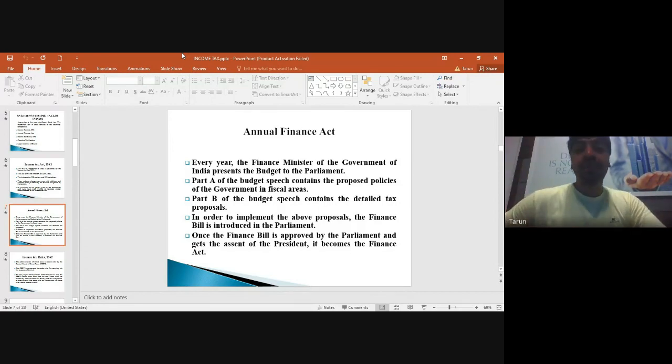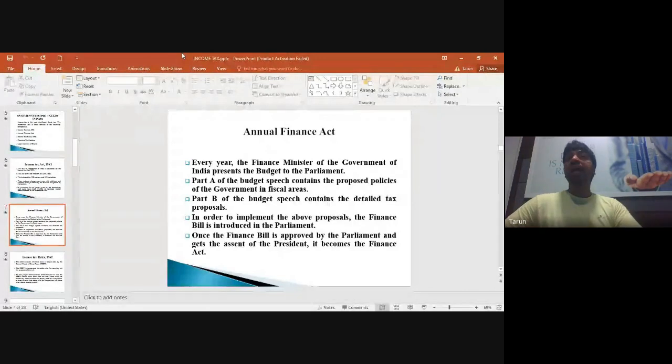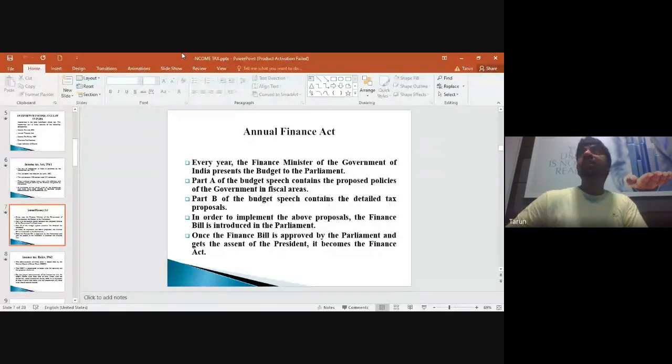Once the finance bill is approved by the parliament, it always has the power to amend the changes applicable if necessary for the welfare of the people, but it is always under the Finance Act only.